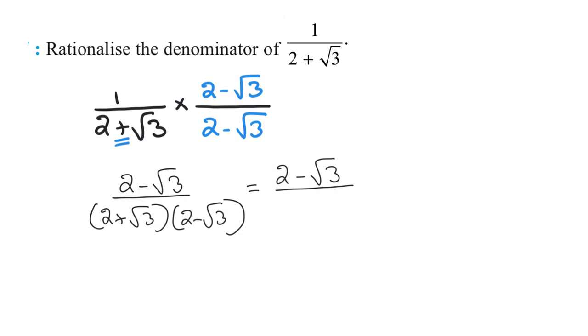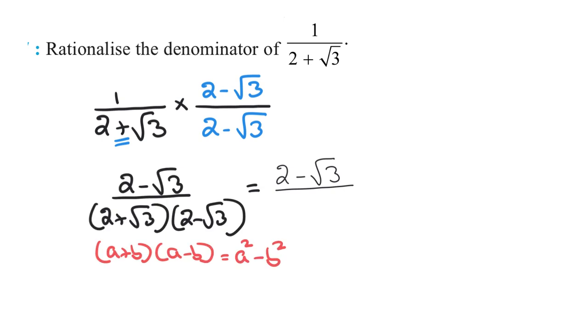Now observe the denominator. Is the denominator in the form a plus b times a minus b? What is the identity a plus b times a minus b? It is a squared minus b squared, isn't it? So, according to this, can we write 2 plus root 3 times 2 minus root 3 as 2 squared minus root 3 squared? Of course we can.